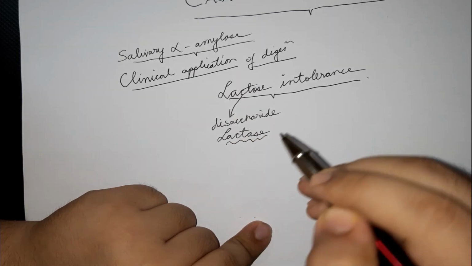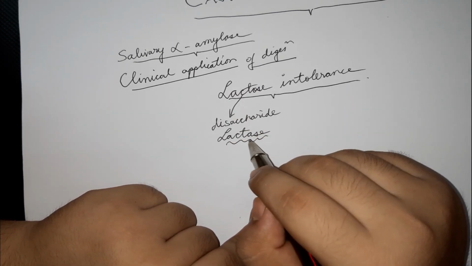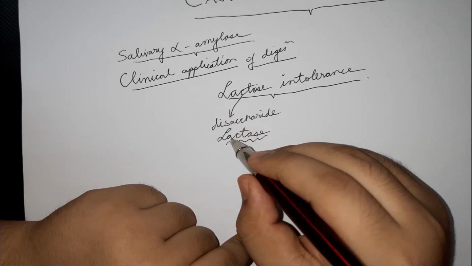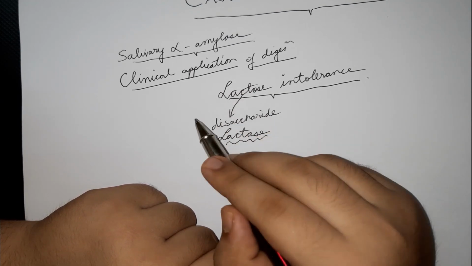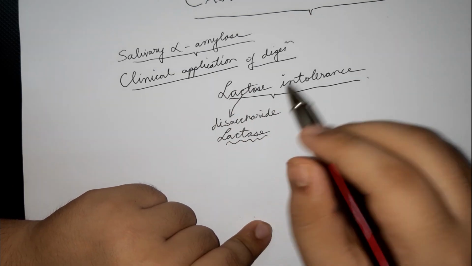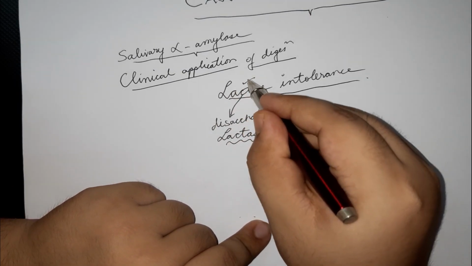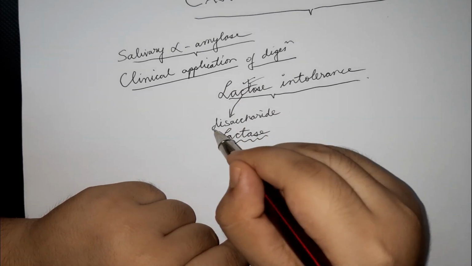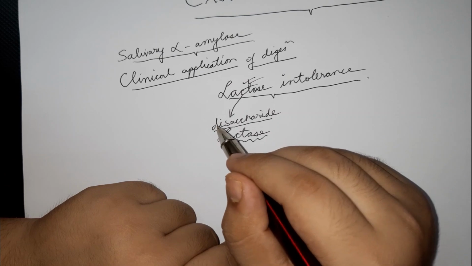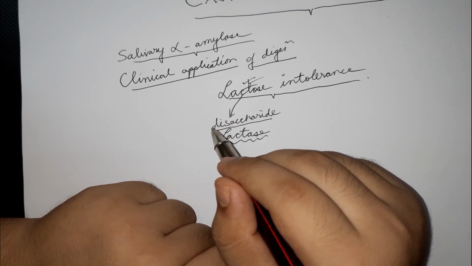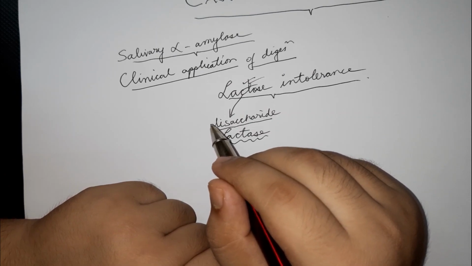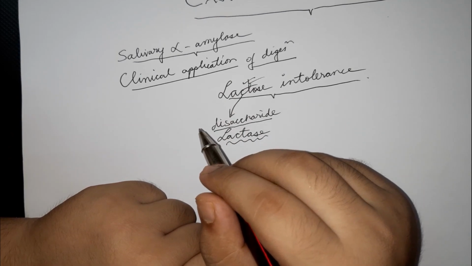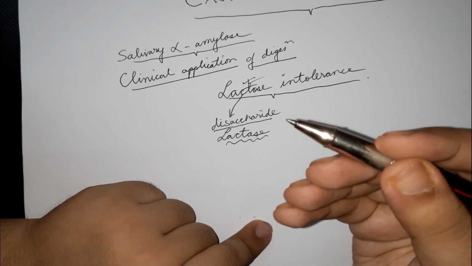This lactase enzyme breaks down the lactose into galactose and glucose, and this is the part of the digestion of lactose. Why? Because we know that lactose is a disaccharide, and disaccharides as such are not absorbable. The absorbable forms of carbohydrates are the monosaccharides. So ultimately the monosaccharides have to be formed.